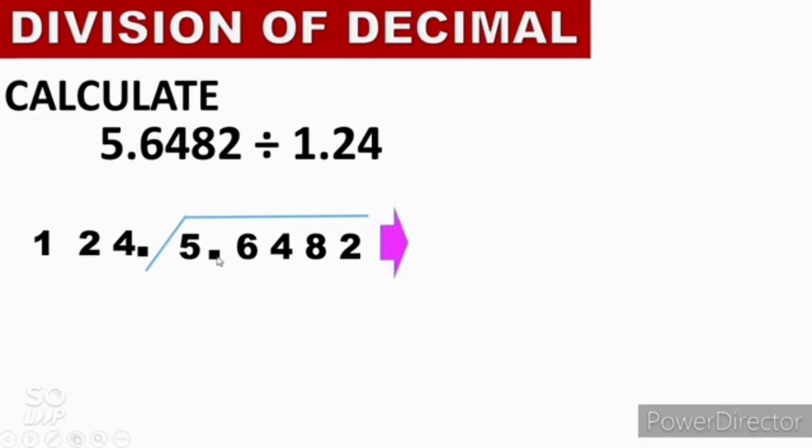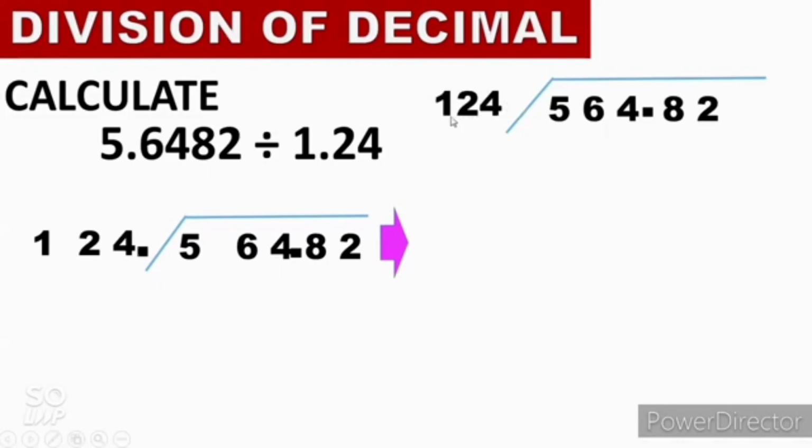Then, same with the dividend, we have to move the point 1 and 2. Now it becomes 564.82 divided by 124. And then we put the decimal point on the quotient aligned with the dividend. So now this is the point on the quotient.